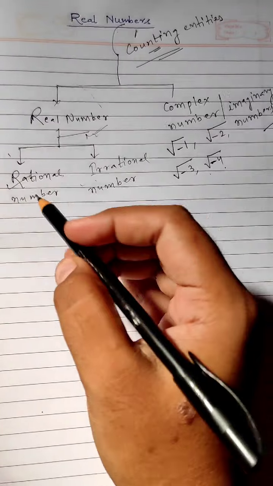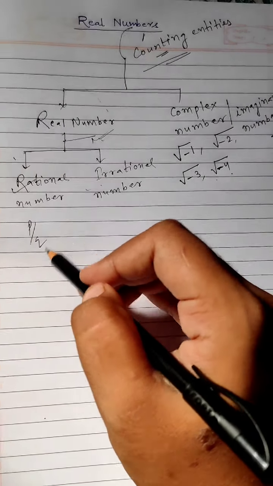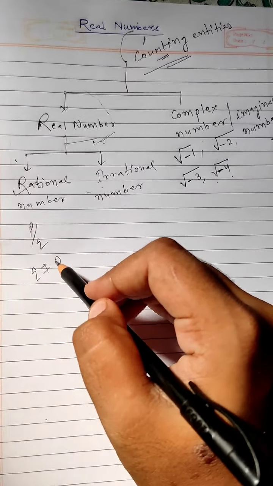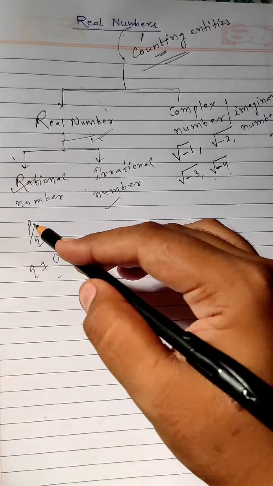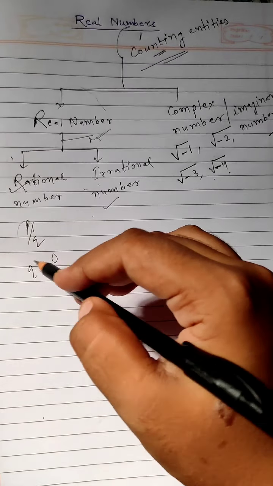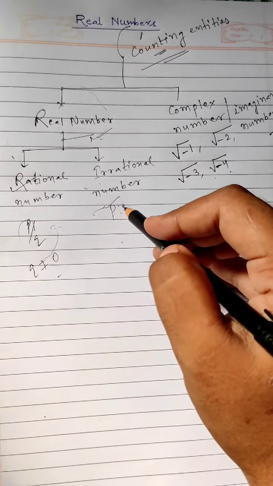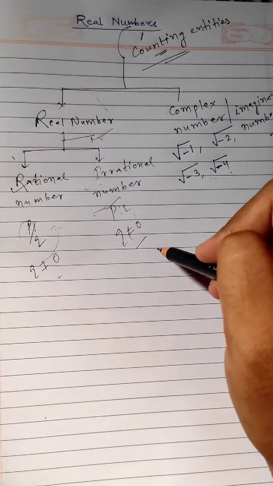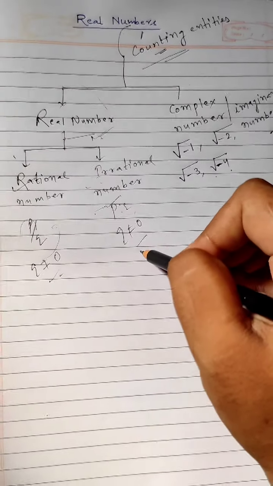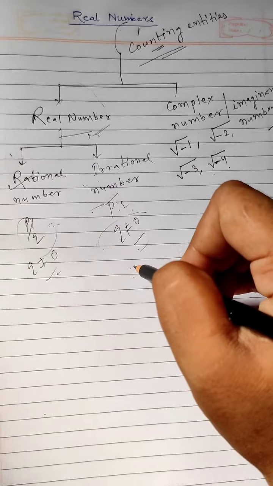We can say that rational numbers are those which can be written in the form of p by q, where q should not be equal to 0, right? And in this we cannot write p and q in the form of a fraction. It can be just a ratio, where one condition is applicable, same as the rational number, that the denominator must not be equal to 0.